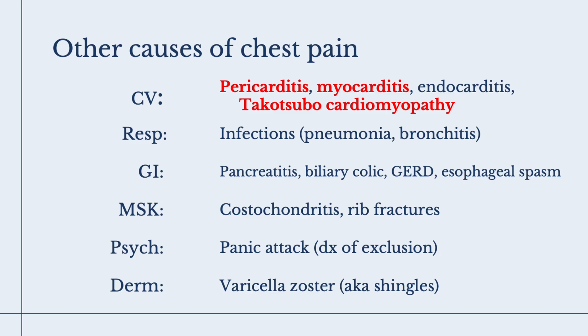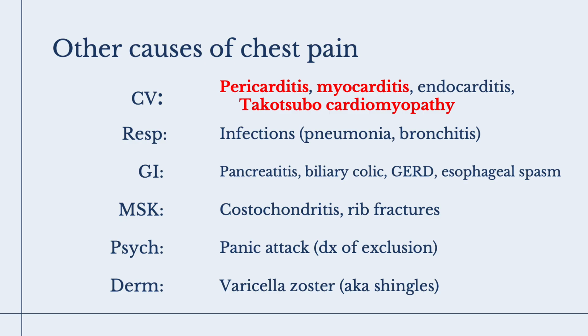So those are kind of the big killers, but there's other common causes of chest pain and why patients may present to the emerge department. So cardiovascular, pericarditis, myocarditis, endocarditis, and Takotsubo's cardiomyopathy. So we'll talk more about the 3 that are in red.